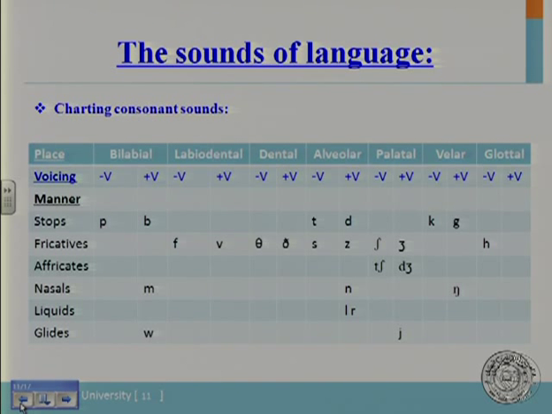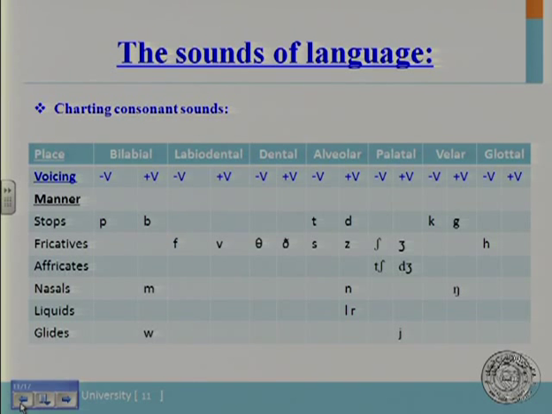Now, this chart is very important, and it summarizes the voicing, the place of articulation and the manner of articulation, so we can also know whether the sound is voiced or voiceless. Now, let us take them one by one as a summary for this lecture.